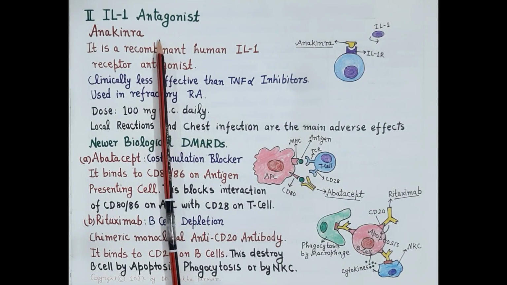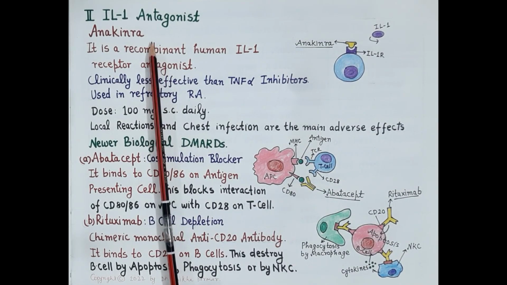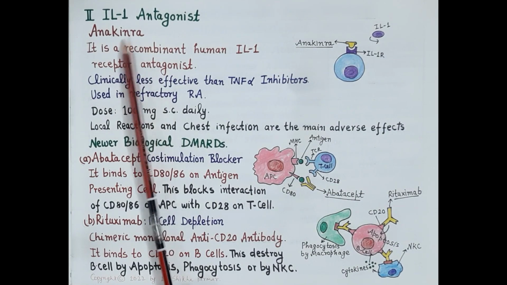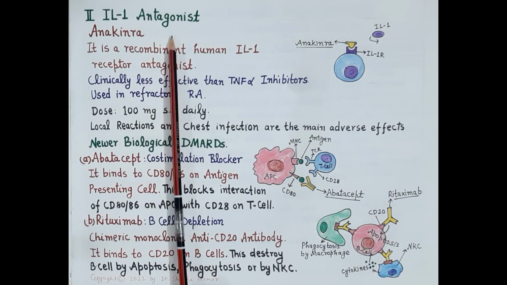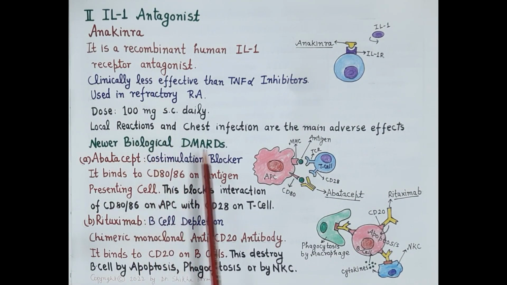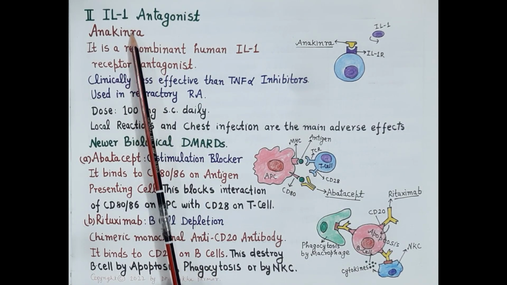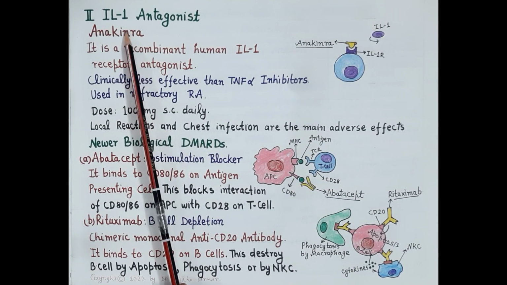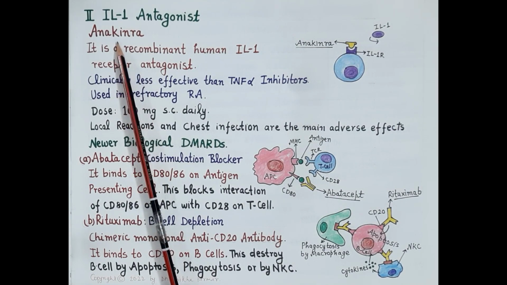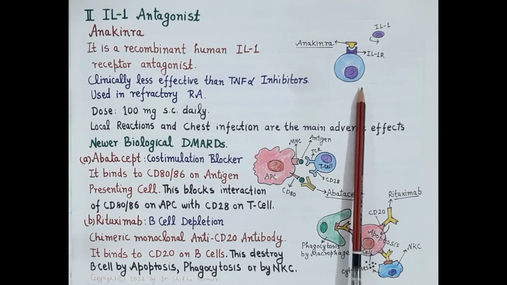Now, after tumor necrotic factor alpha inhibitors, let's quickly discuss pharmacology of the interleukin-1 antagonist and newer biological DMARDs. Now, interleukin-1 is a cytokine produced by activated macrophages, and the drug is anakinra. Now, look at this figure.